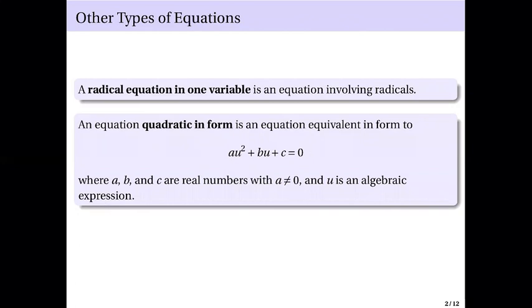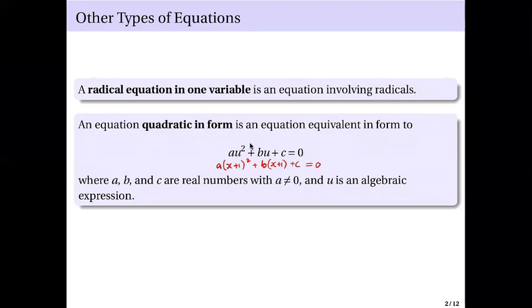For example, you can have a times (x plus 1) squared plus b times (x plus 1) plus c equals 0. This is an equation quadratic in form. You see the (x plus 1) squared here, and then here you have the x plus 1. So the x plus 1 is the u in the equation above.